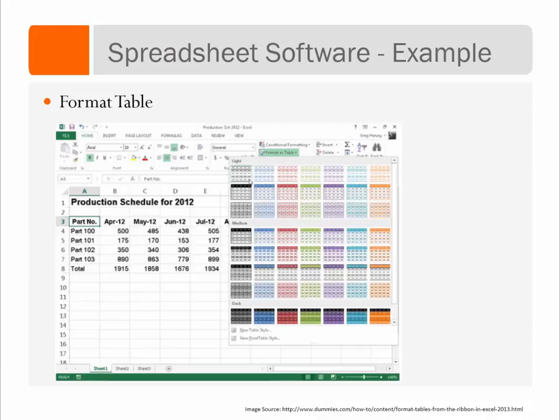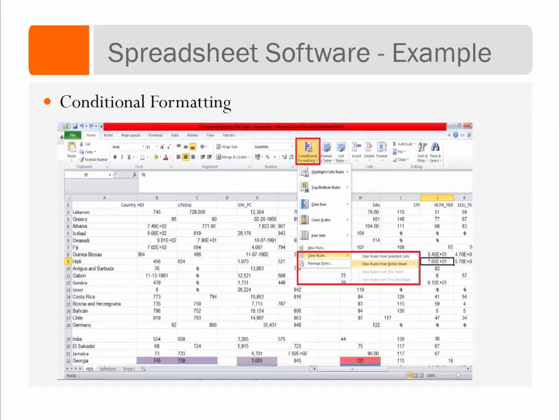So here we have an example of spreadsheet software. We're formatting a table. If we drop down, we can see lots of different color schemes for formatting this particular table in a more pleasing way. We can also have what's known as conditional formatting.